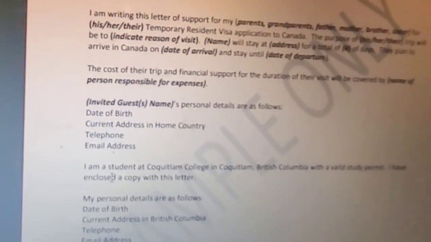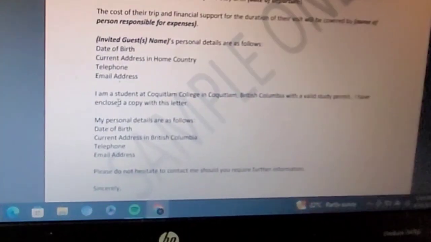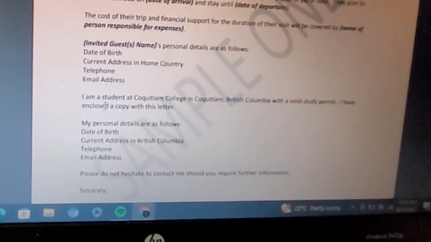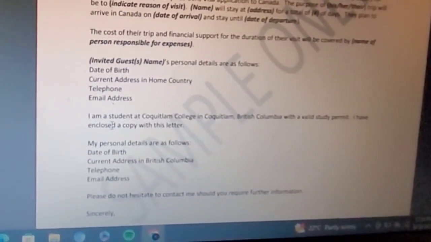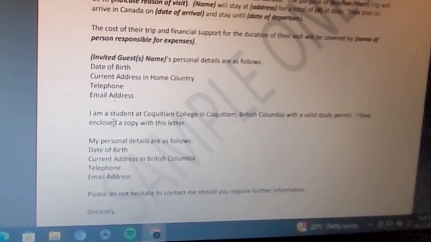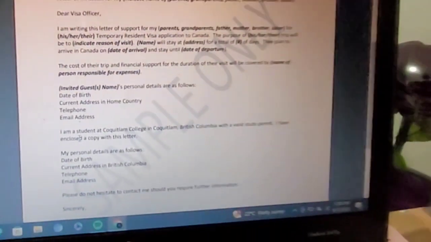And if you're studying and you're not yet a permanent resident or a citizen, you must tell whether or not you have a valid study permit. You must also include your personal details such as your date of birth, current address, telephone number, and email address.